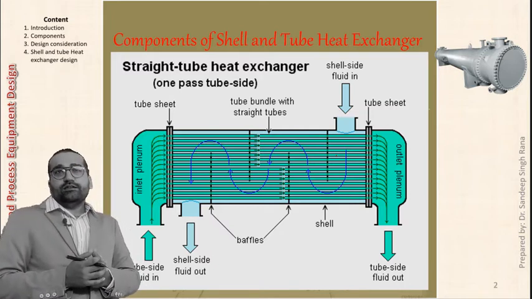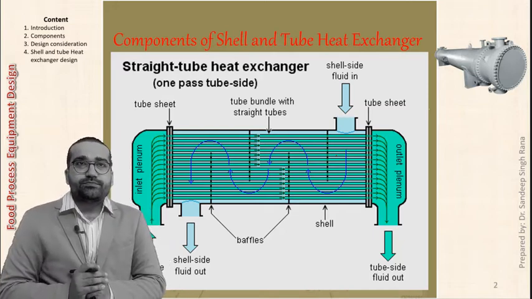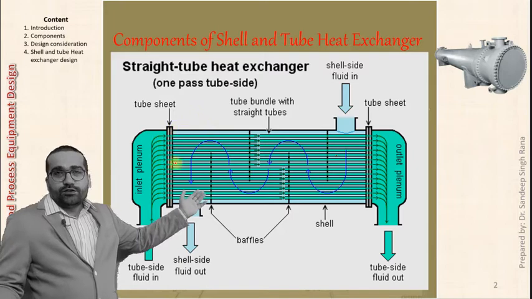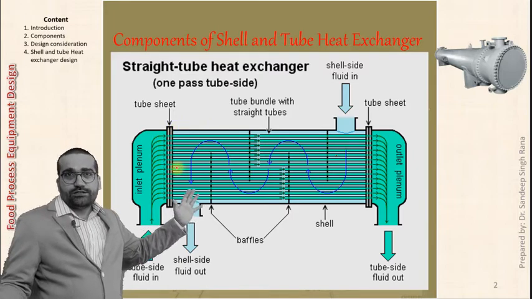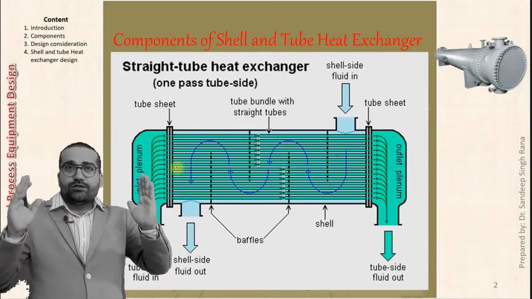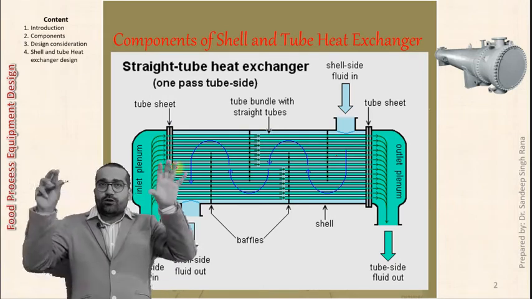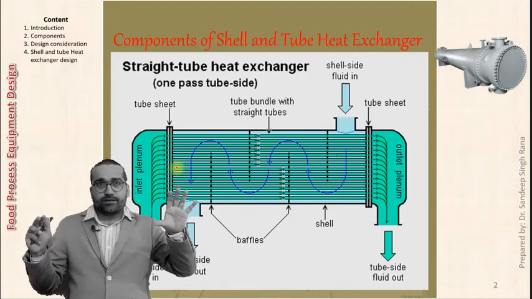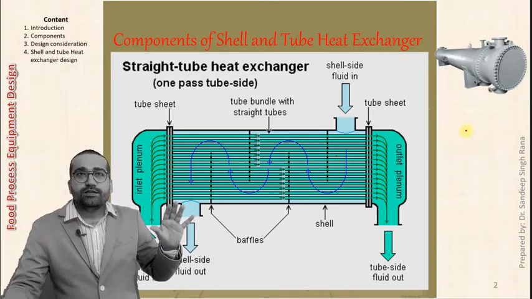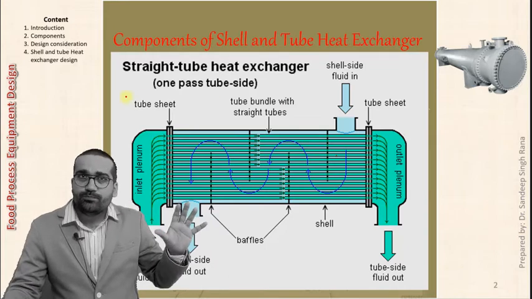So here the important things are, so this is tube sheet which holds the tubes from both the ends. So there are two tube sheets which will hold the bundle of tubes. So this is inlet for the tube. This is outlet for the tube.